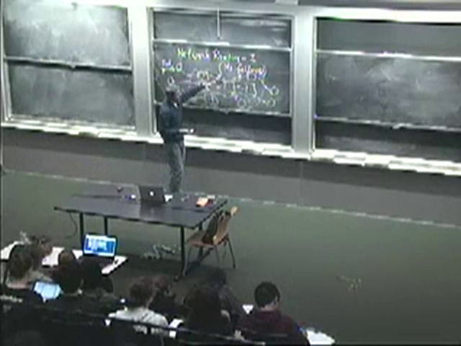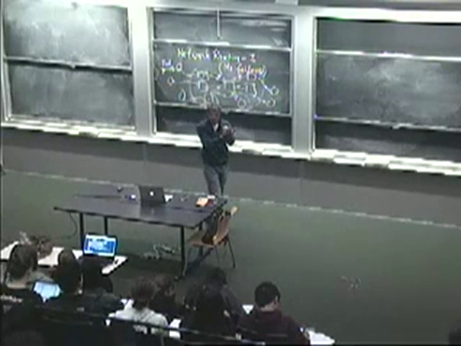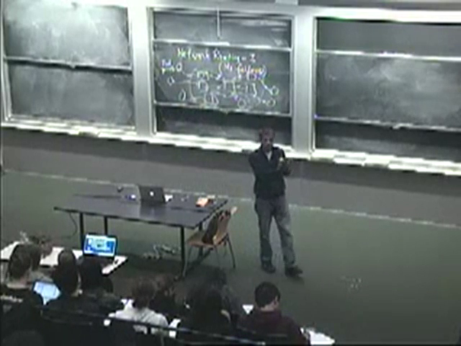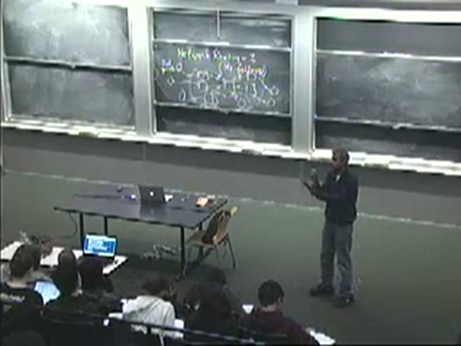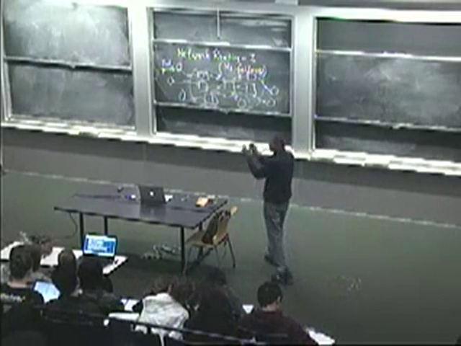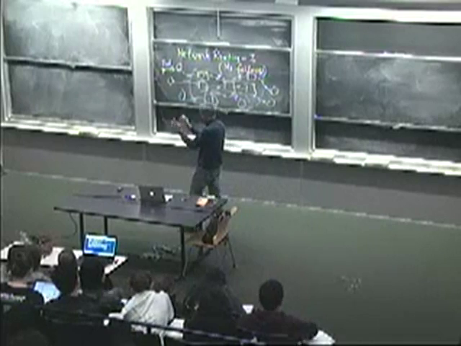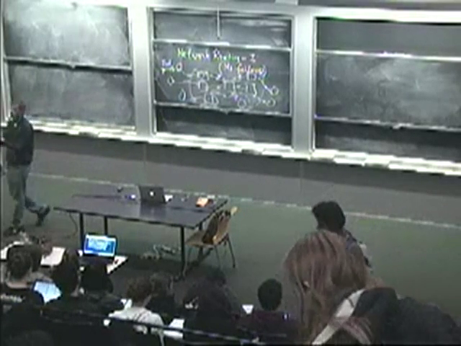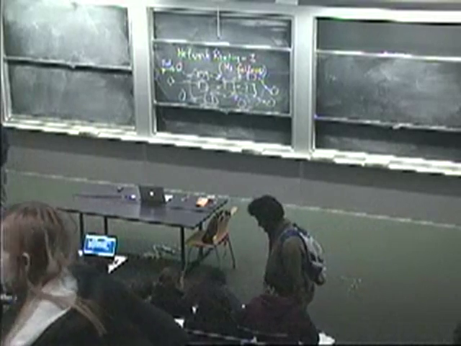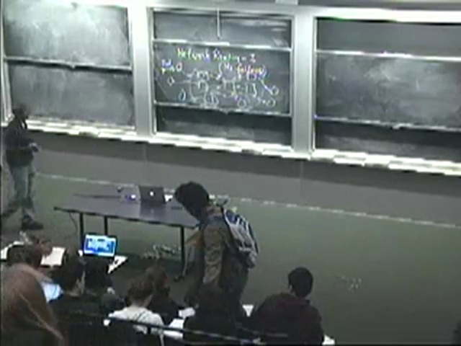Now, when a switch gets a packet, and the packet has a destination address in it, the switch does some sort of a lookup. It looks up that destination in a table, and that table maintains information about which of the links to use in sending that packet toward the destination.